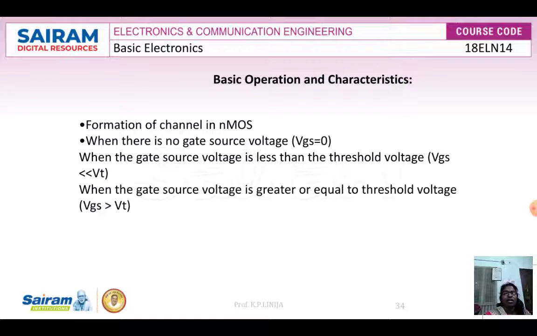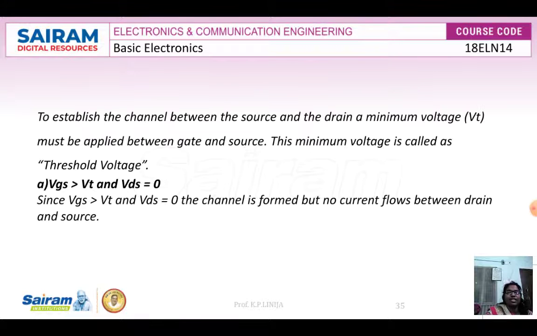Then what happens when the gate source voltage is greater than or equal to the threshold voltage, that is VGS greater than or equal to VT? The minority carriers in the P substrate, which are electrons, get attracted by the positive voltage at the gate, so they accumulate below the gate region and form a channel.